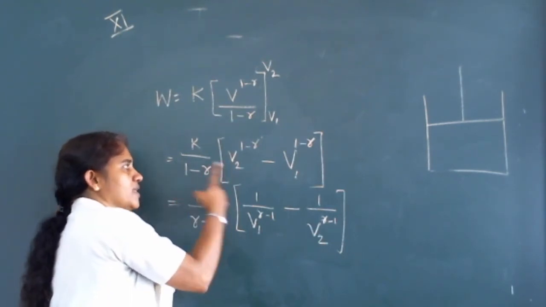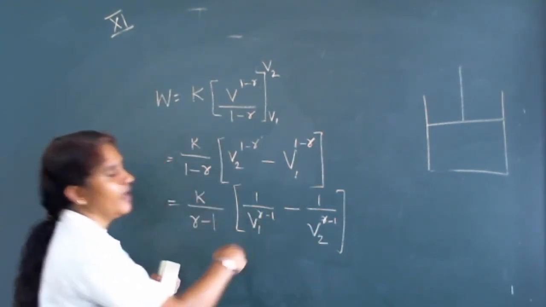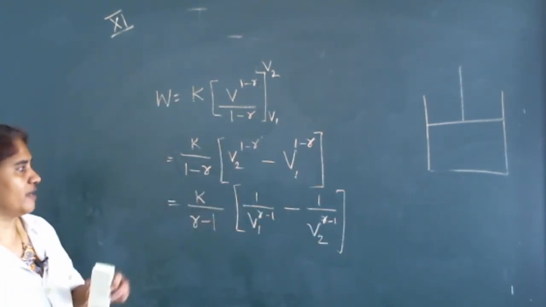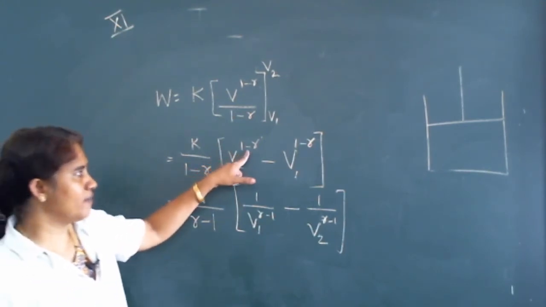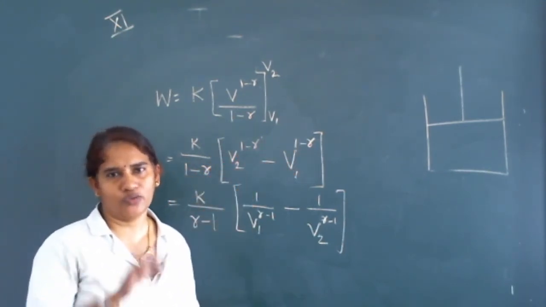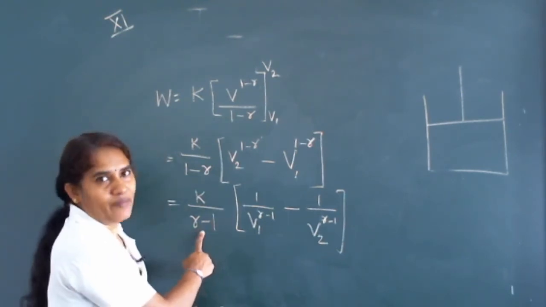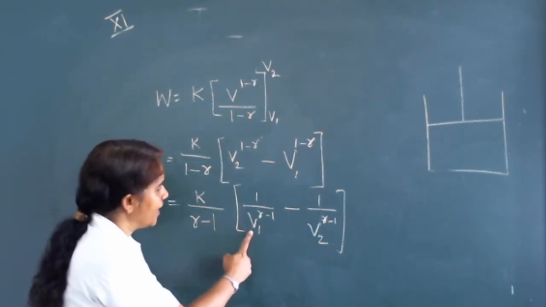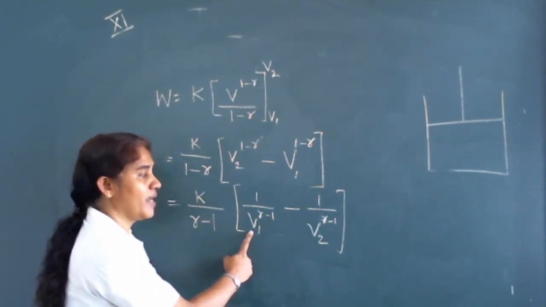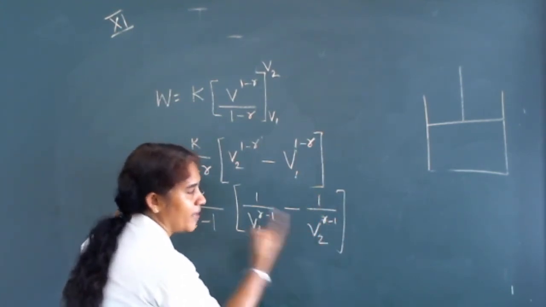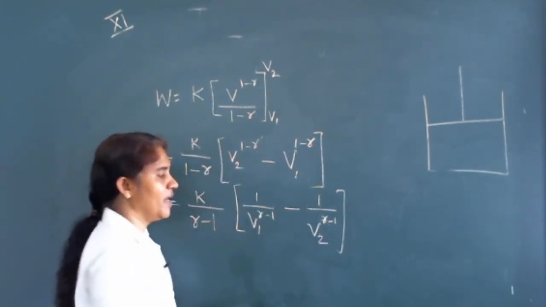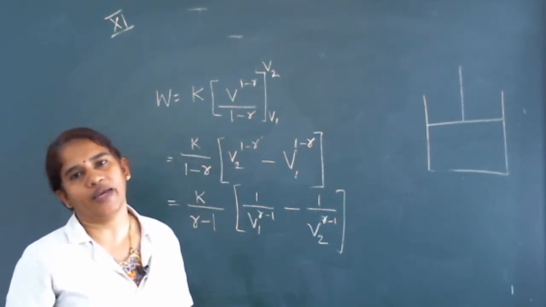But here one minus is there, therefore inside it will again come in the denominator. Slowly, step by step, we can see K divided by gamma minus 1, into K divided by V1 raised to gamma minus 1 minus K divided by V2 raised to gamma minus 1, since K is outside, 1 divided by V2 raised to gamma minus 1.